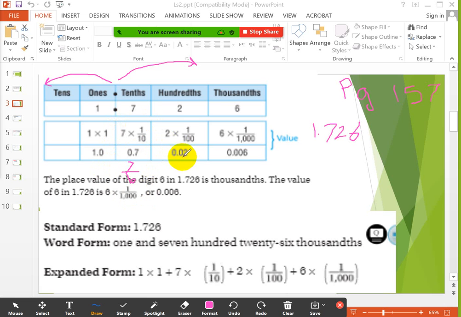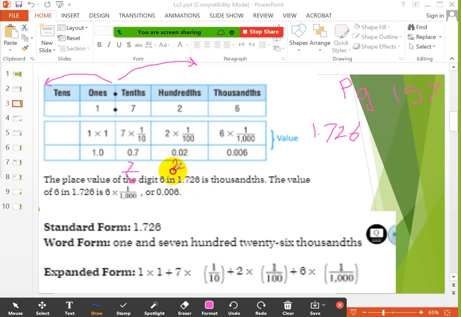Also, if I want to write 0.02 or 2 hundredths as a fraction or decimal fraction, it will be 2 over 100, because it's 2 hundredths.